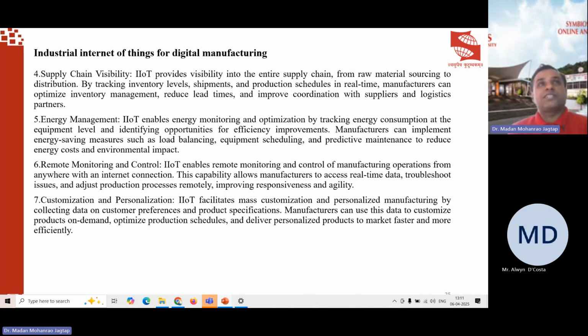So when a particular customer has different requirements compared to other customers, that personalization can be done with the help of information collected from the customer, and we can give preference to that customer with the particular product specification, manufacture it through digital manufacturing, and provide that product to the customer. So manufacturers can use this data to customize products on demand, optimize production schedules, and deliver personalized products to market faster and more efficiently.